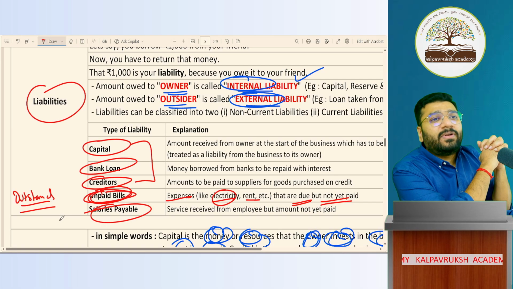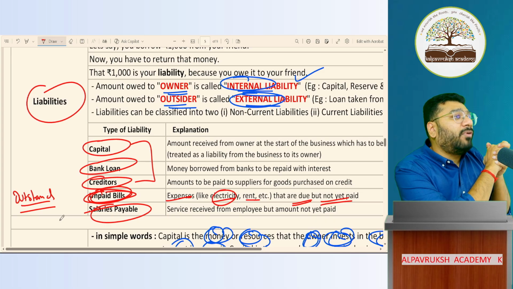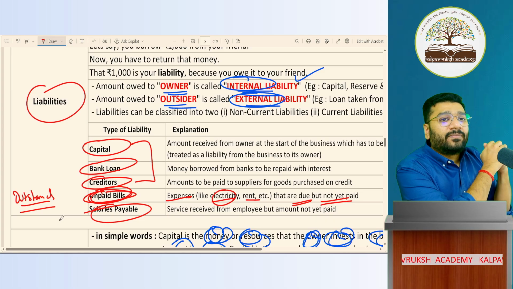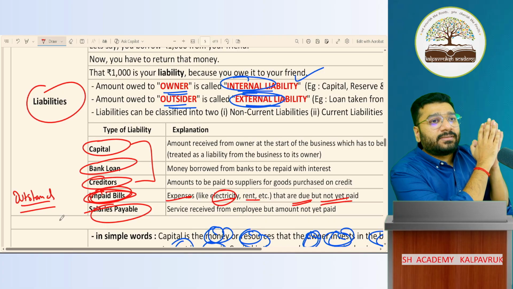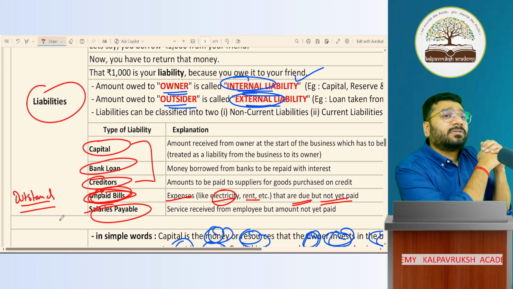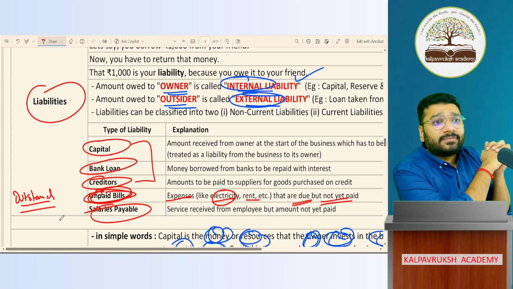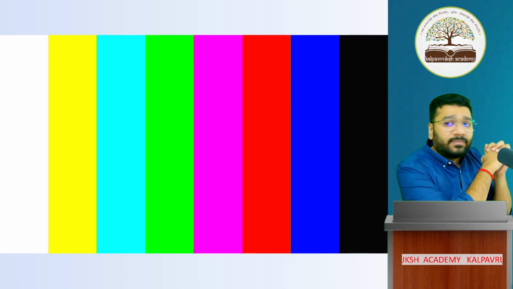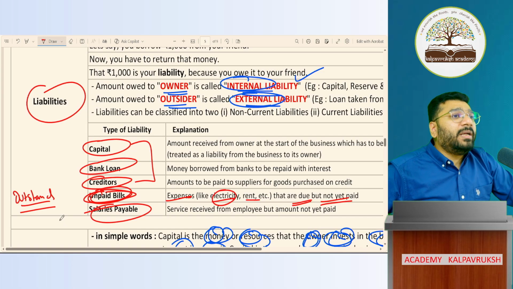Once the rules of debit and credit are done, the next chapter we'll head to is journal. In journal, we'll do all the entries, keeping the rules in mind. The doubt that comes to your mind is, sir, where did you take the accounting equation? In our school, they finished it already. Accounting equation is the last topic to be done.